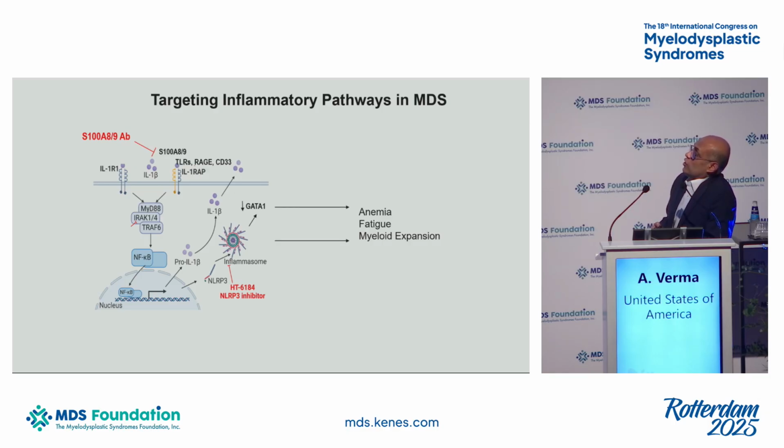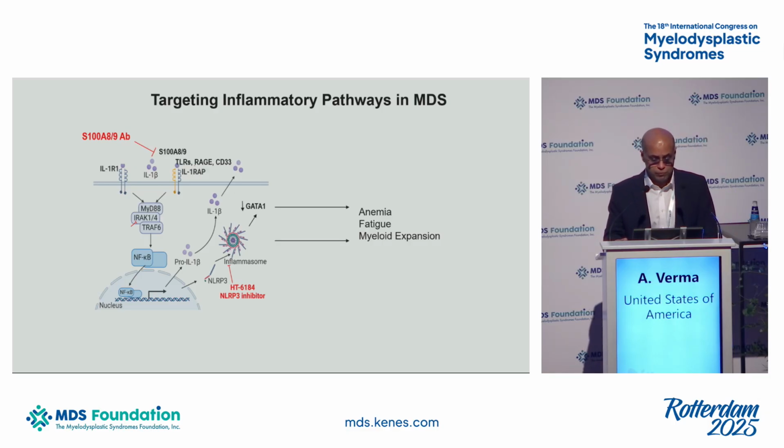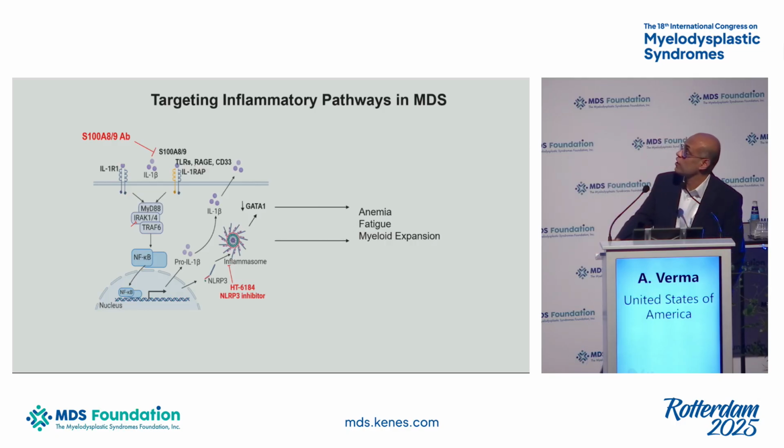The idea is not just to increase red blood cells and decrease transfusion dependence, but also to target the crippling fatigue and the impaired quality of life by targeting inflammation. Most of us know that in our patients, even with transfusions, even with drugs that reduce transfusion dependence, the fatigue still does not go down as much as we want. So we feel that targeting inflammation may help us achieve that.